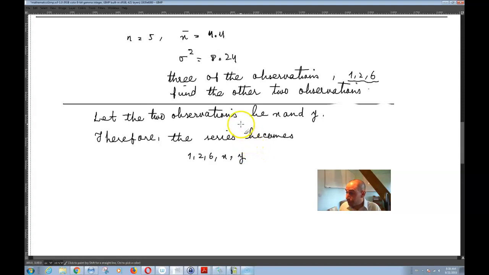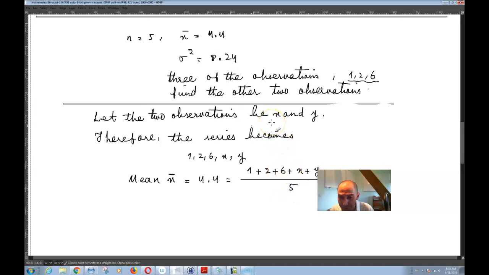Now the mean of your observations, or your x bar, is equal to 4.4, which is equal to 1 plus 2 plus 6 plus x plus y divided by 5. That means that 4.4 is equal to 9 plus x plus y divided by 5.